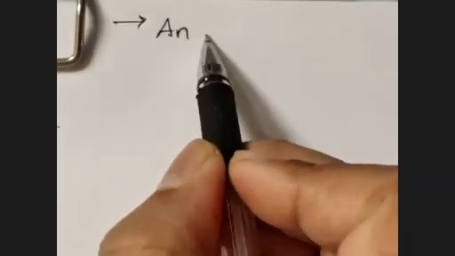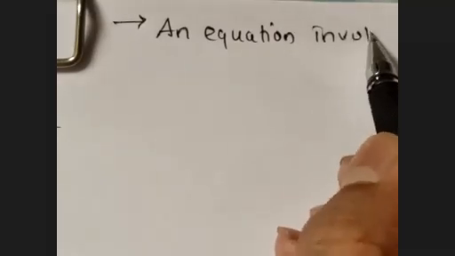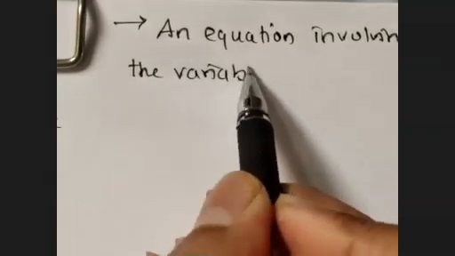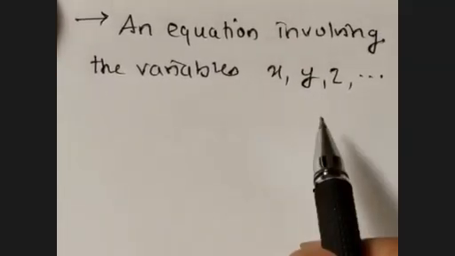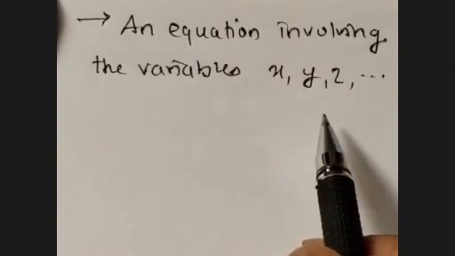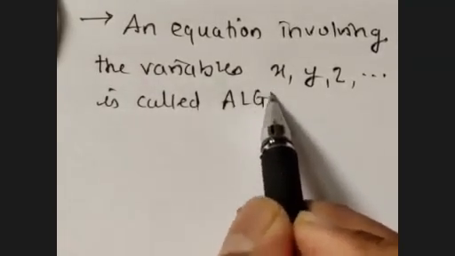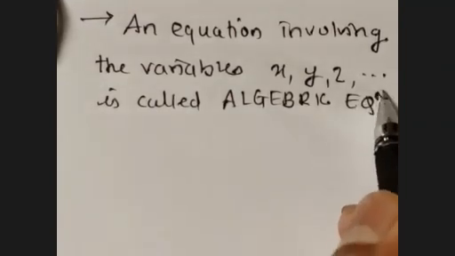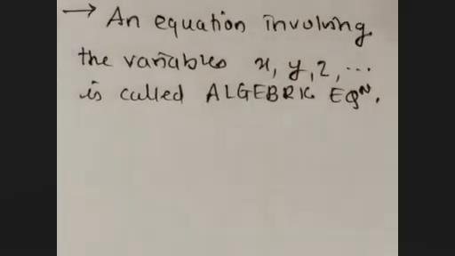An equation involving variables such as x, y, z and so on is called an algebraic equation.